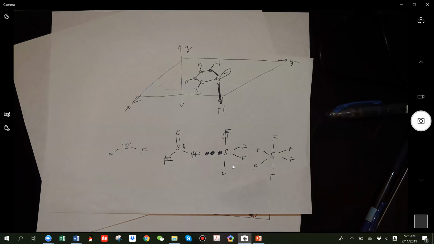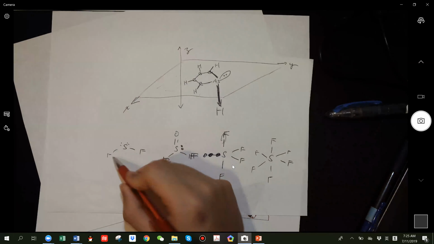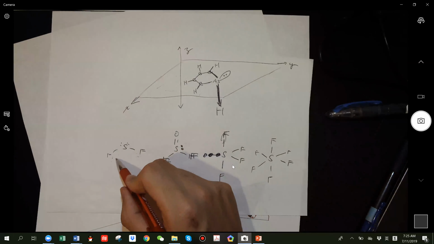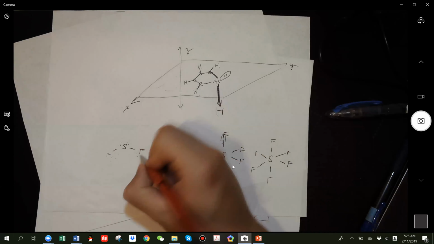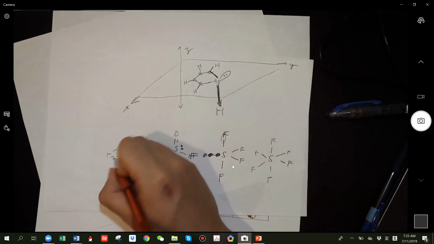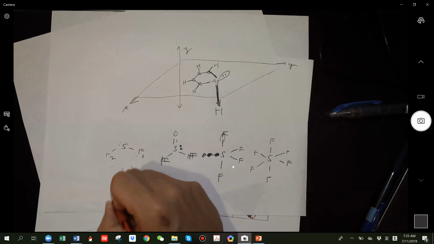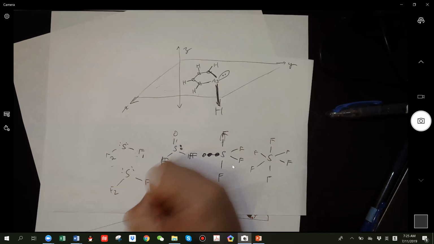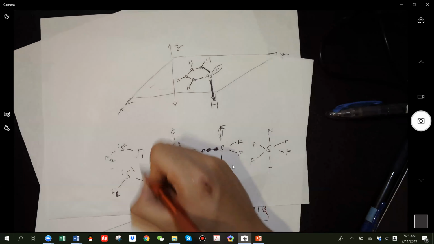So what I want you to notice is that these two bonds are equivalent, right? Because imagine I label one of them F1 and F2, and then I switch them. This is the same thing as this, right?